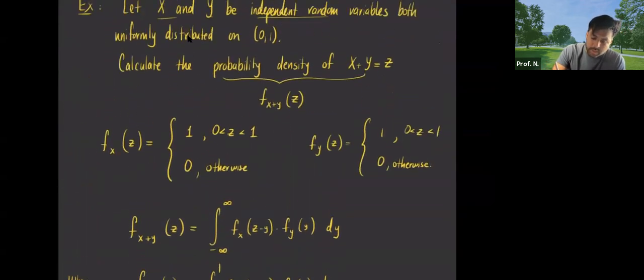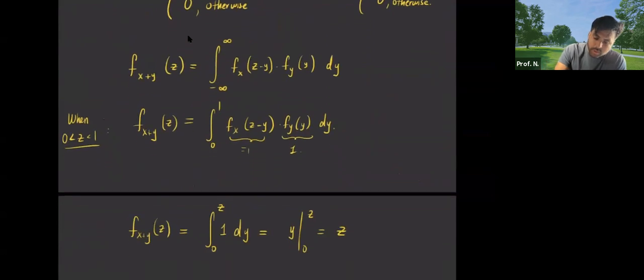The PDF of x plus y at z is z when z is between 0 and 1. Now, the reason why we're specifying this is because in reality we're talking about x plus y, and the reason why I use z is because we said that big Z is equal to x plus y.